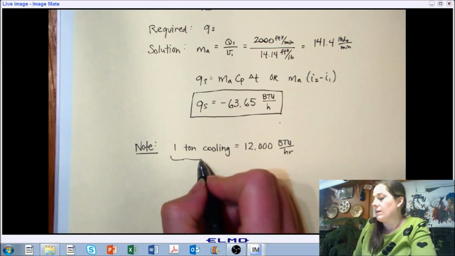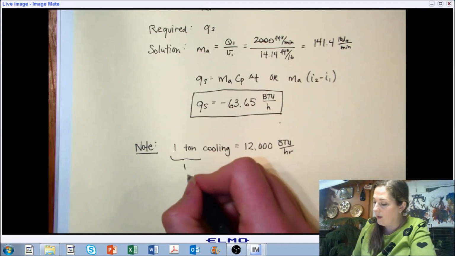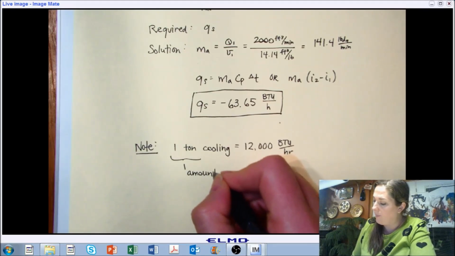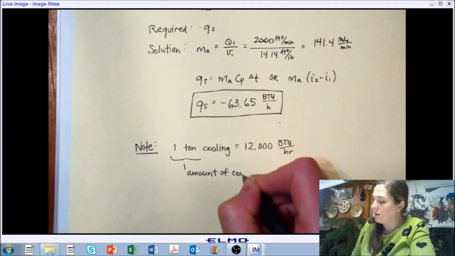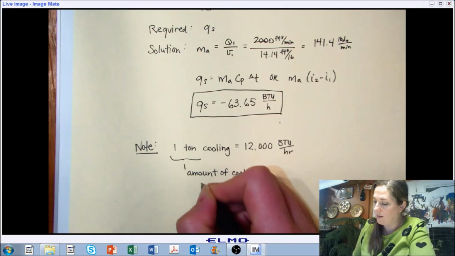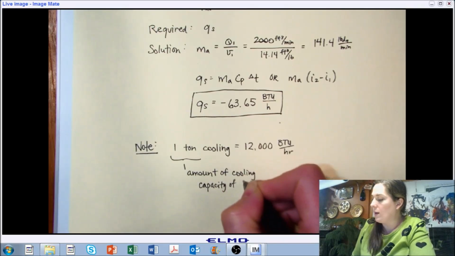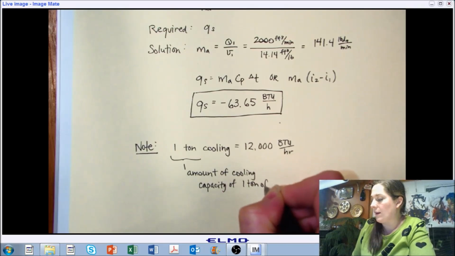And this unit originated because this is the amount of cooling capacity of 1 ton of ice.